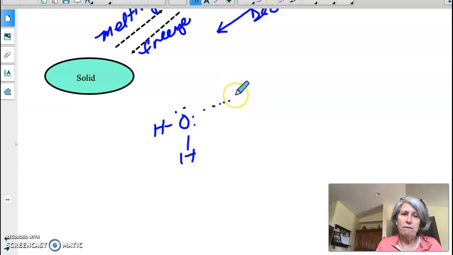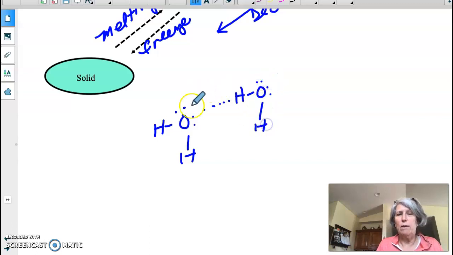If we think of solid water, we know that water would hydrogen bond. And if we have 100% hydrogen bonding in that nice array, you'll notice here this would be what we call the IMF, and in this case it's a hydrogen bond.